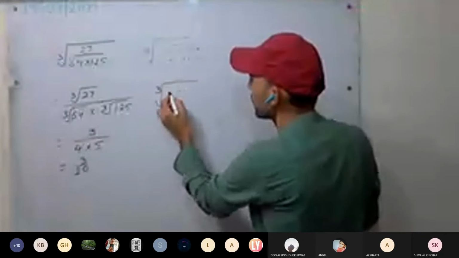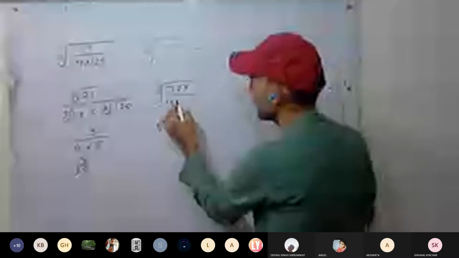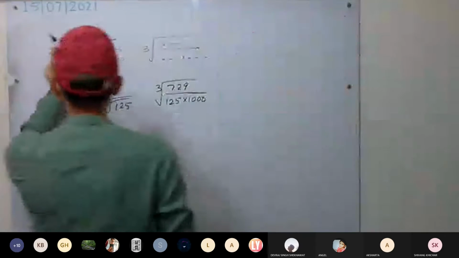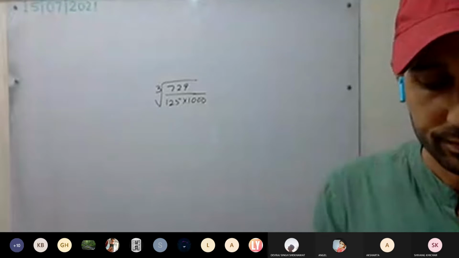Cube root of 729 divided by 125 into 1000. Okay, check this one.